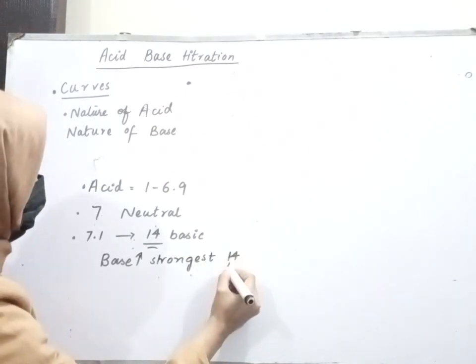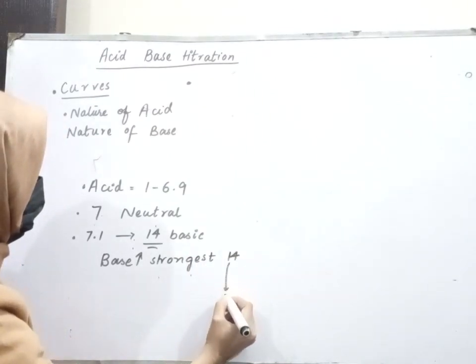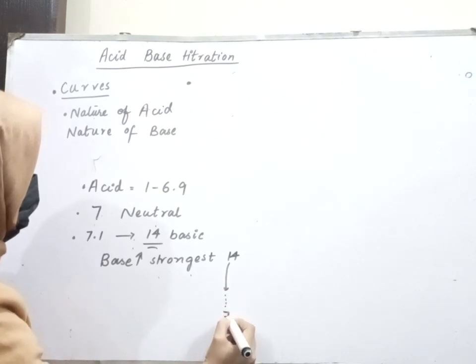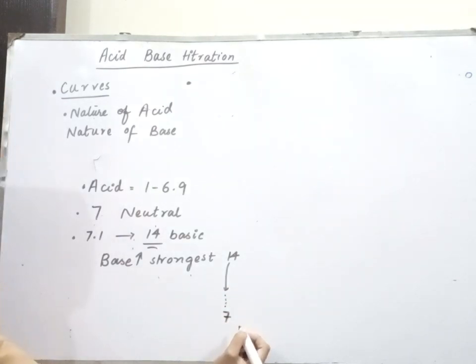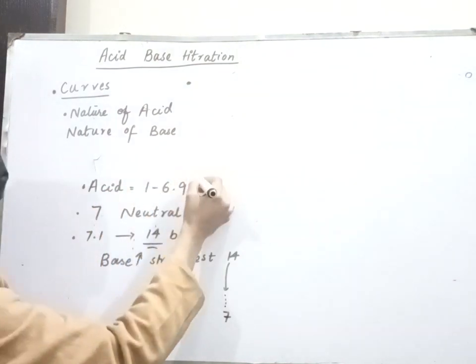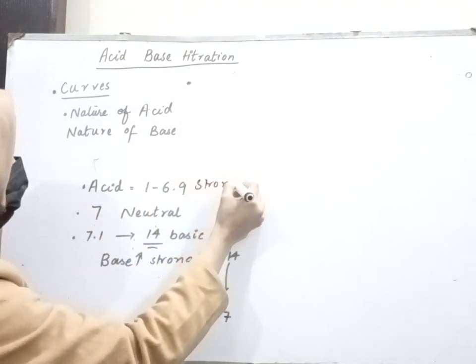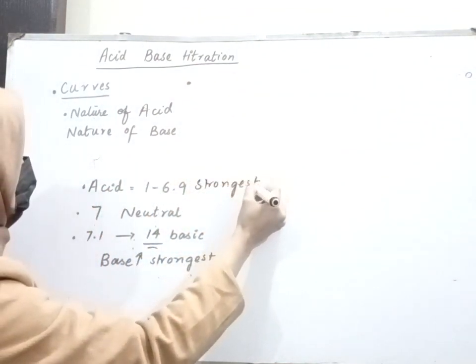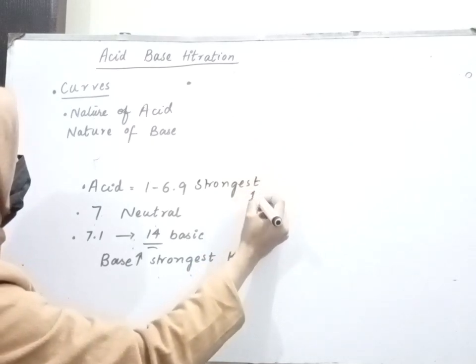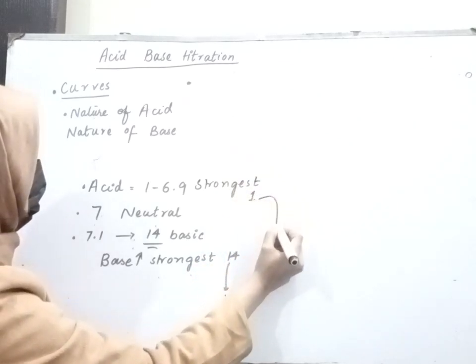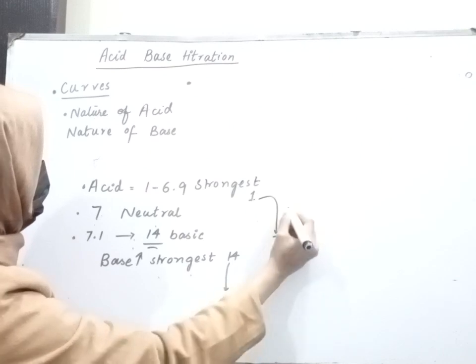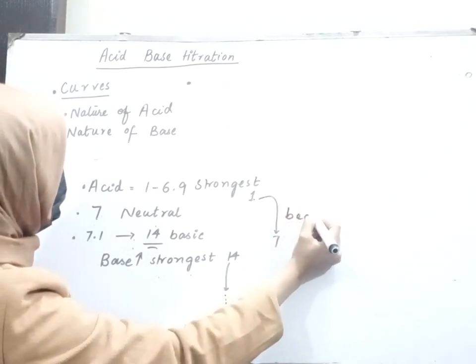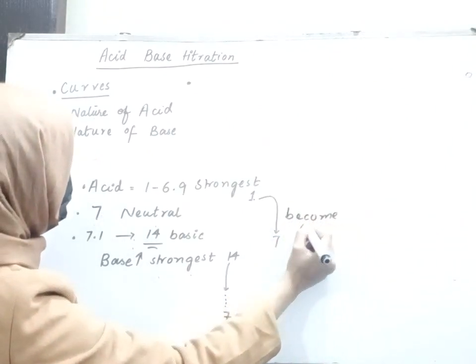It becomes weak as it goes gradually from 14 to 7. An acid is strongest if its pH is 1, and as it approaches 7 from 1, it becomes a weak acid.